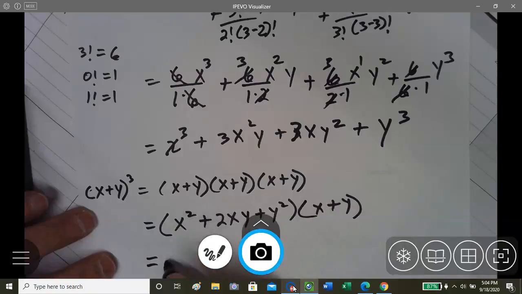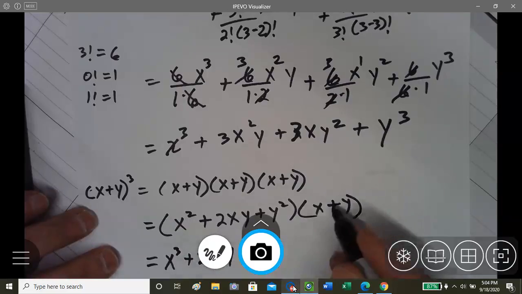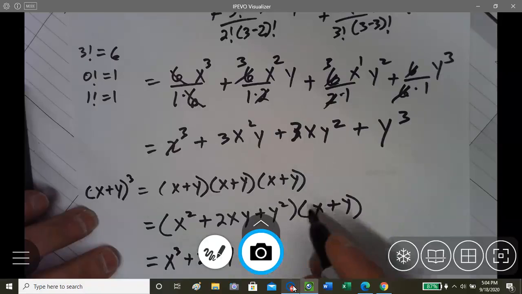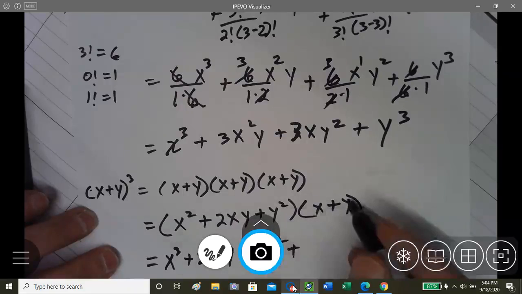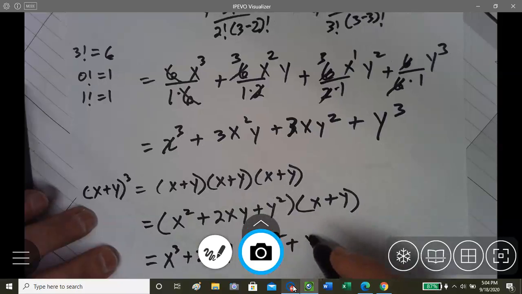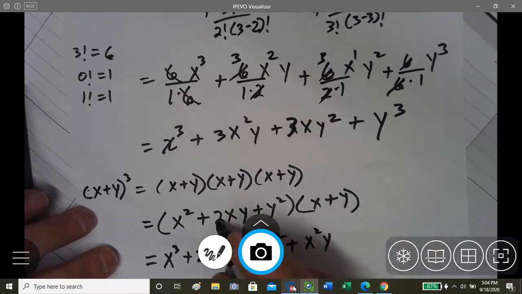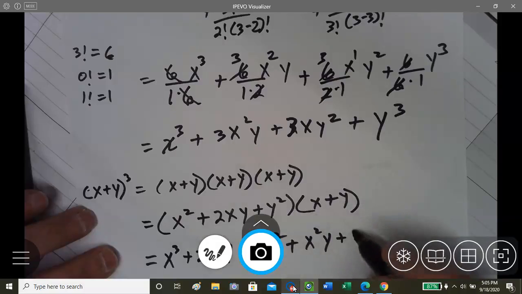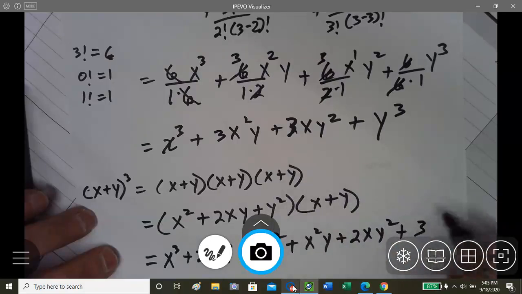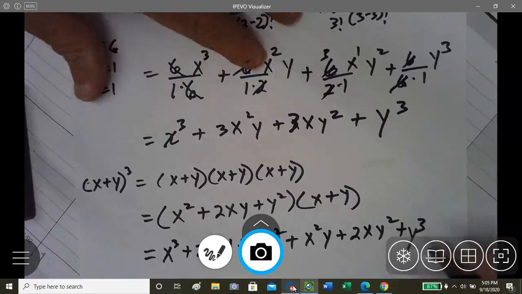So that's x times x squared, that's x cubed. x times 2xy, that's plus 2x squared y. And then plus x times y squared, that's xy squared. Now we distribute the y. y times x squared is x squared y. y times 2xy is plus 2xy squared. y times y squared is y cubed.